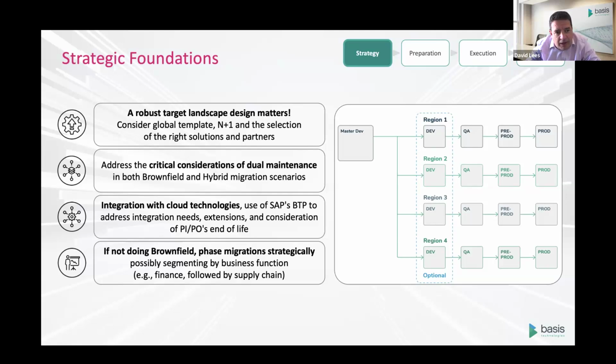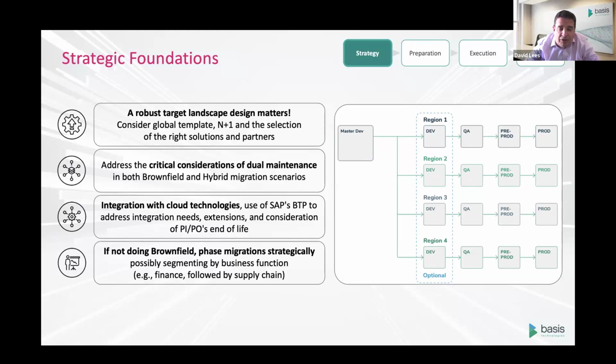The second consideration here, if this is your first major upgrade, if you initially deployed ECC, then dual maintenance might be something that you're encountering for the first time. If you're looking to go from ECC to S4, that process could take you 9 months, 12 months, 24 months. We have some customers that have a very large SAP estate, and for them, this could be a multi-year journey.